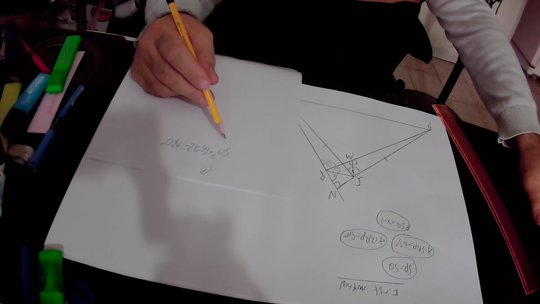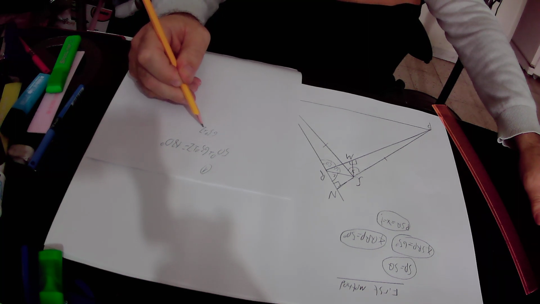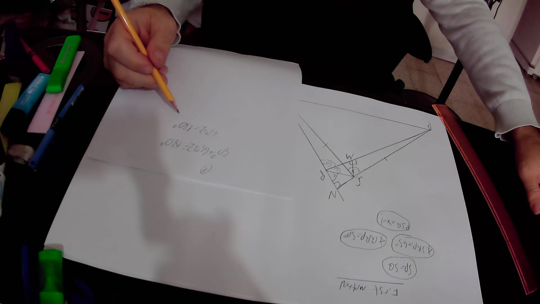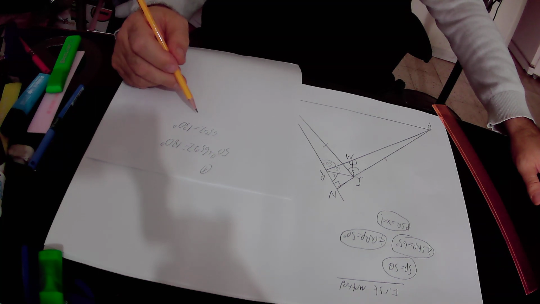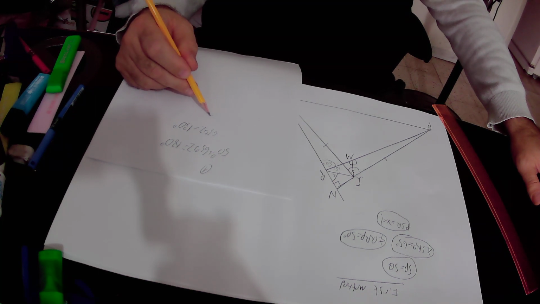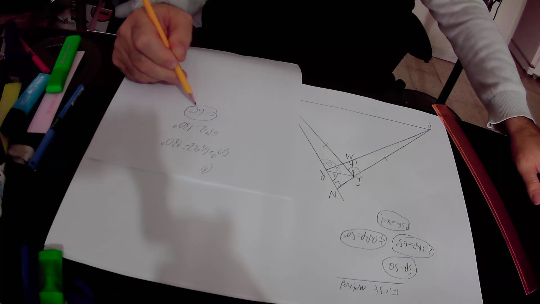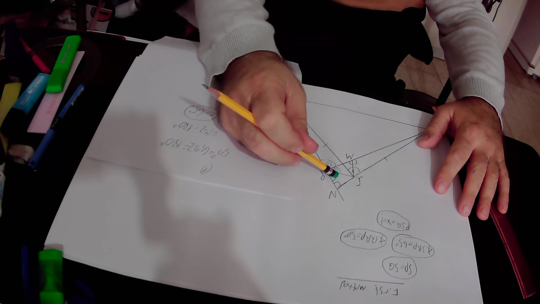So we subtract 50 degrees and get that 65 degrees plus angle Z equals 180 degrees minus 50 degrees, which is 130 degrees. Then we subtract 65 degrees, and we get that angle Z equals 130 degrees minus 65 degrees, which is 65 degrees. So we found that the size of angle Z is 65 degrees.